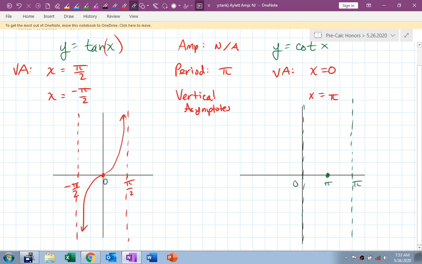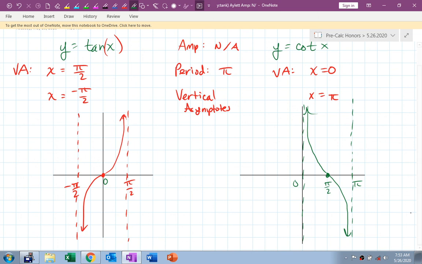In this case, it's pi over 2. So instead of my snake going like what I have for tangent, I go the opposite way. And that's your graph. It doesn't really get that much harder. The only thing we would have to change is where we find those asymptotes.